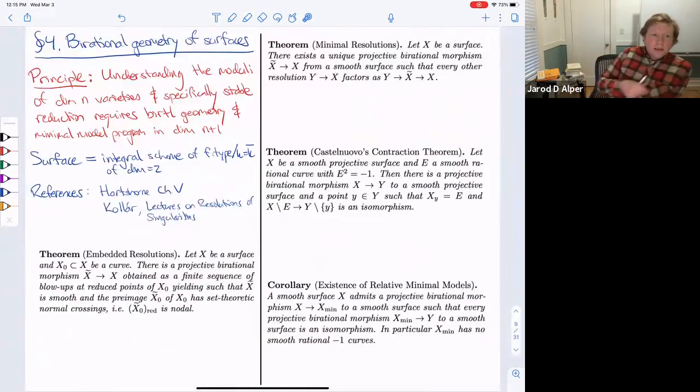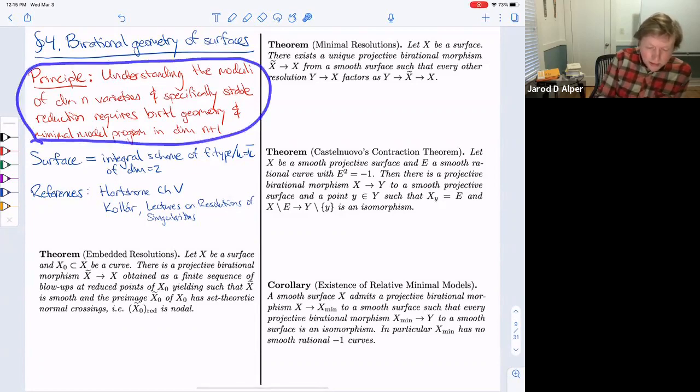Okay, so here I have 4 facts up there from the birational geometry of surfaces. But let me first explain this principle in moduli theory of varieties.